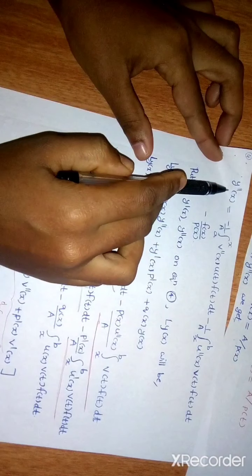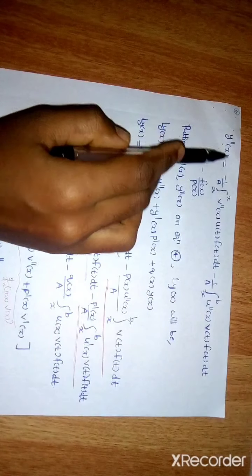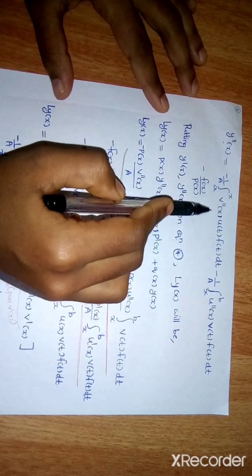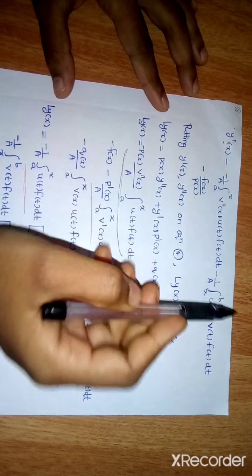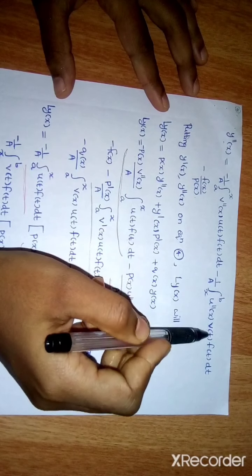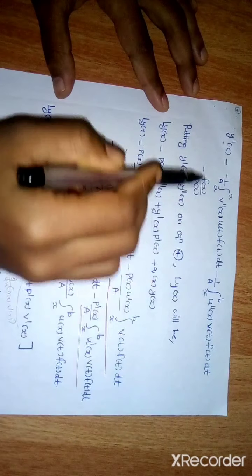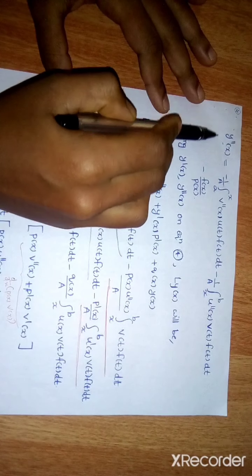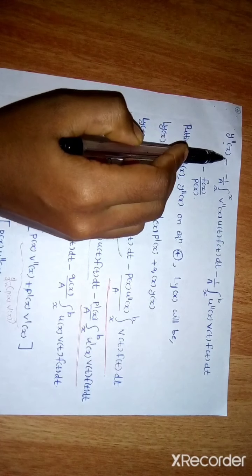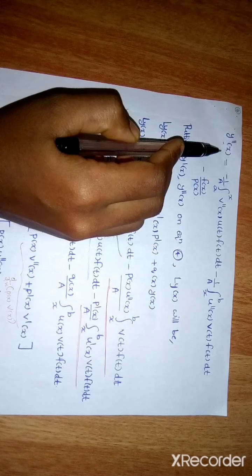That is, y double dash of x becomes minus 1 by a integral a to x v double dash of x u of t f of t dt minus 1 by a integral x to b u double dash of x v of t f of t dt minus f of x by p of x. Now we have both y dash of x and y double dash of x.